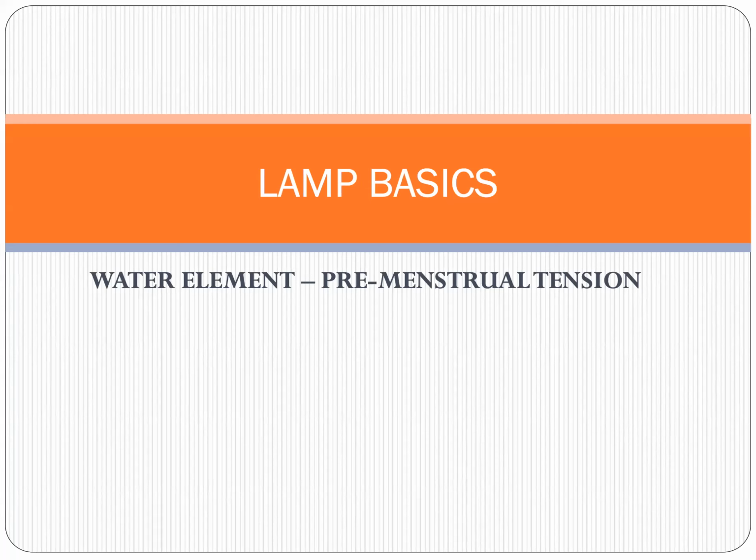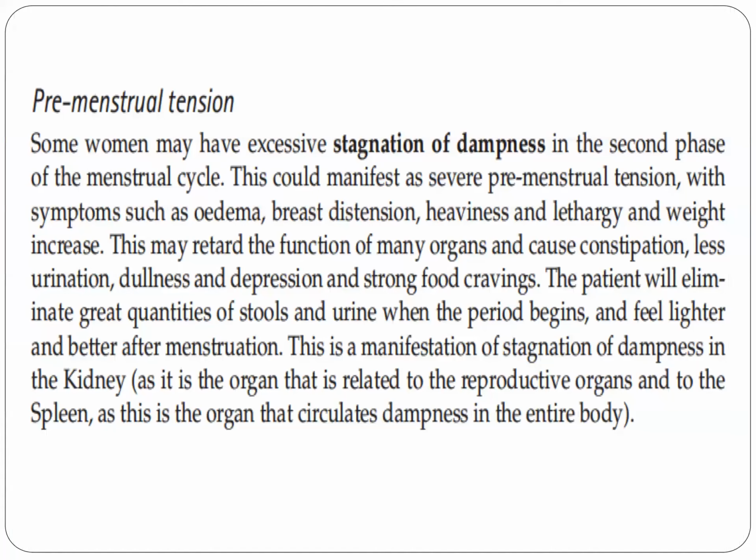So the topic for today is water element, premenstrual cycle. Tension pala. So some women may have excessive stagnation of dampness in the second phase of their menstrual cycle. This could manifest as severe premenstrual tension with symptoms such as edema, breast distension, heaviness and lethargy, and weight increase. Okay. This may retard the function of many organs and cause constipation, less urination, dullness and depression, and strong food cravings.